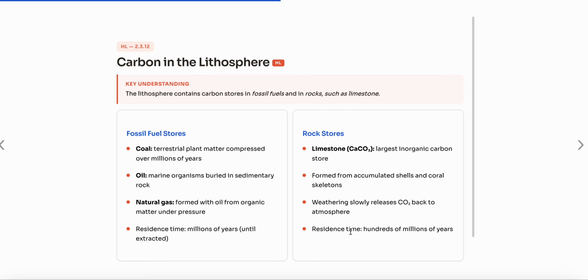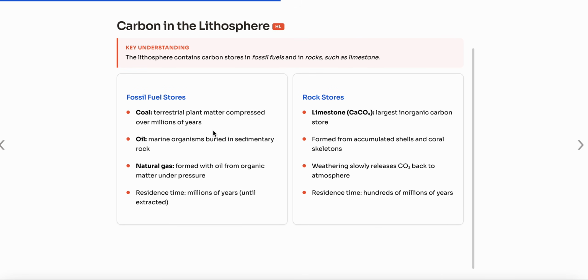In HL content, it's all about how carbon in the lithosphere is important. Coal is formed from terrestrial plants, oil from marine organisms buried in sedimentary rock, and natural gas is formed with oil from organic matter under pressure, and it takes millions of years.